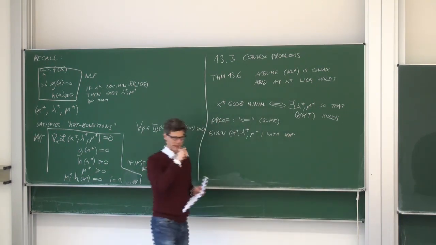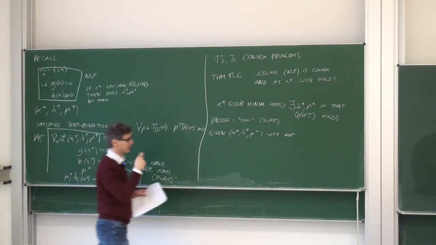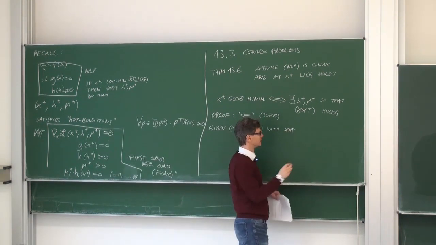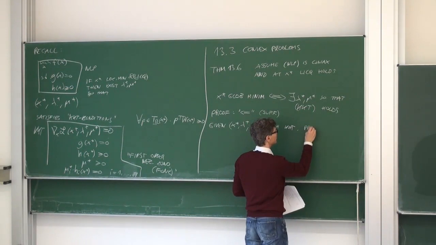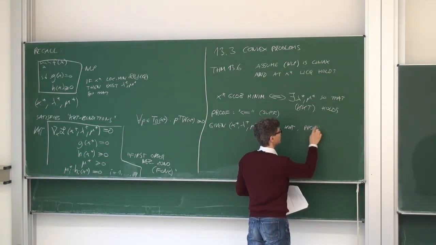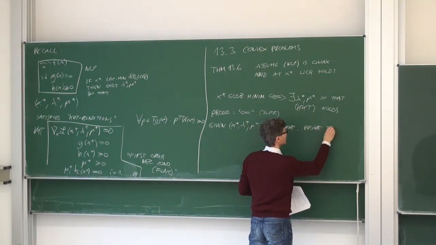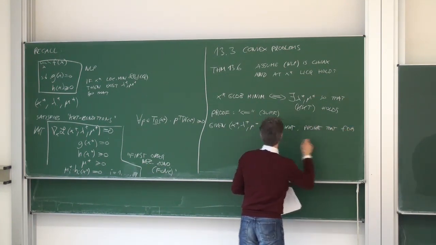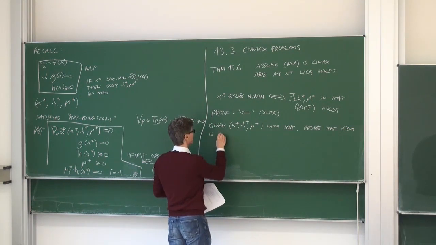And what we want to prove is that f of X star is the best possible feasible point. Prove that f of X star is minimal.